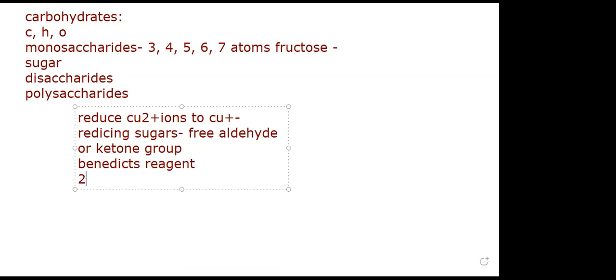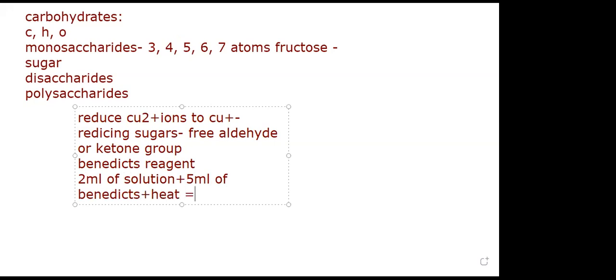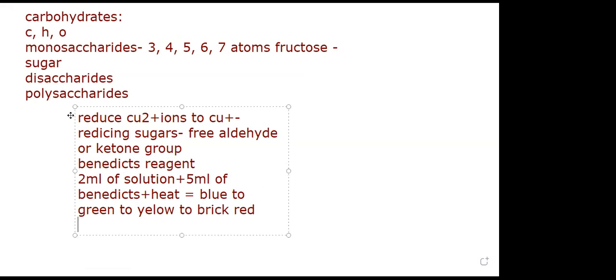So we need to take 2 ml of solution, add 5 ml of Benedict's reagent, and heat it. It is going to show a change in color from blue to green, green to yellow, and yellow to brick red.